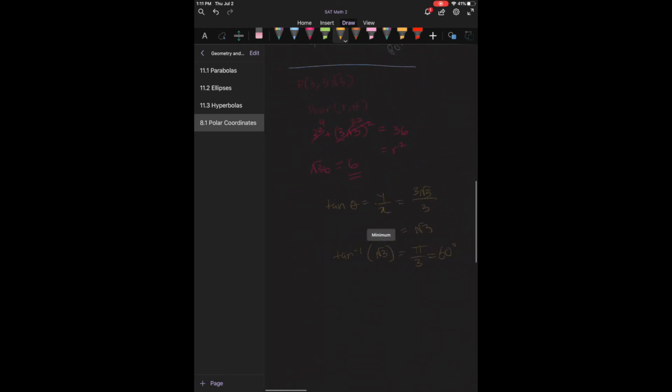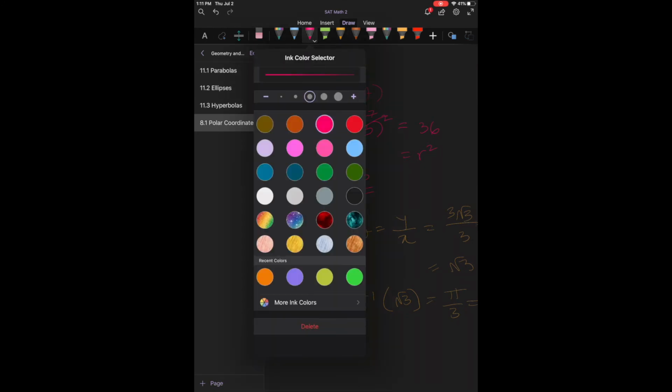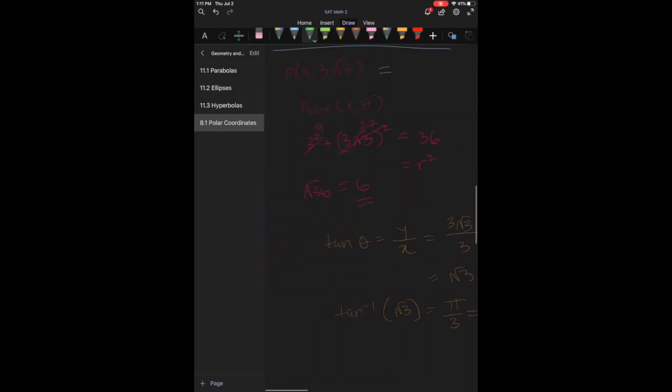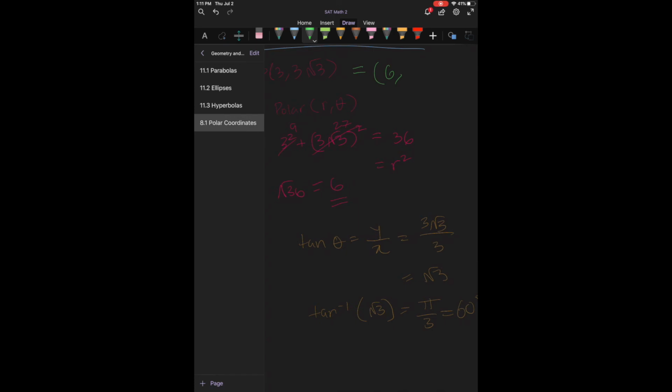So the polar coordinates for the x coordinate 3 and the y coordinate 3 root 3 is going to be equal to, so we found out that r is 6 and the angle is 60 degrees, right? Okay, so that's the answer.